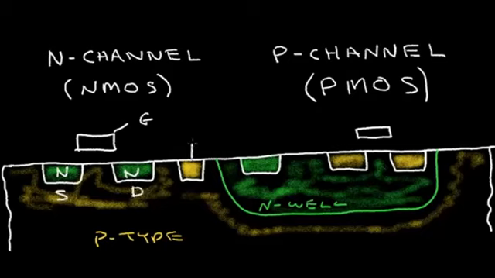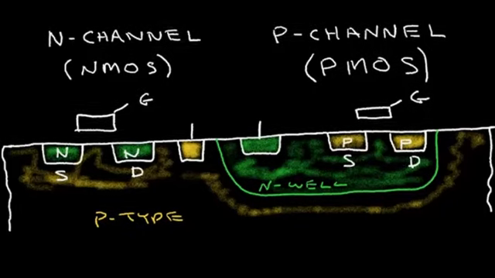This is a contact to the p-type substrate. This is a contact region to the N-well. This is a p-type material. This is the gate. And this p-type material forms the source and drain, so I'll call this the source and this the drain region.